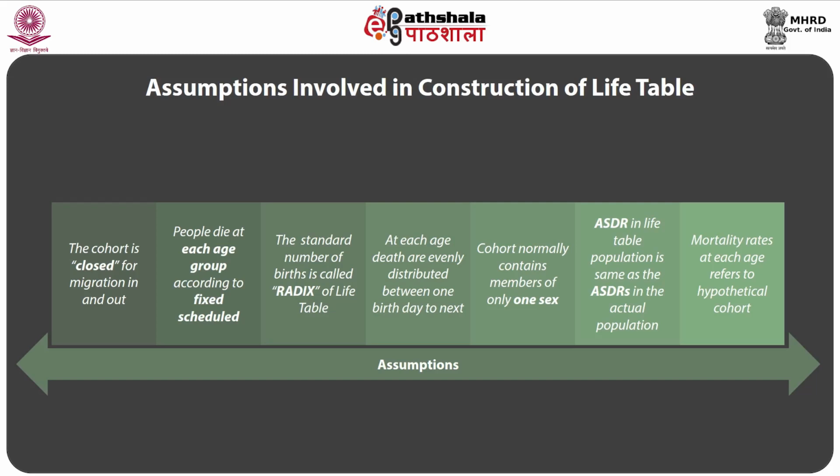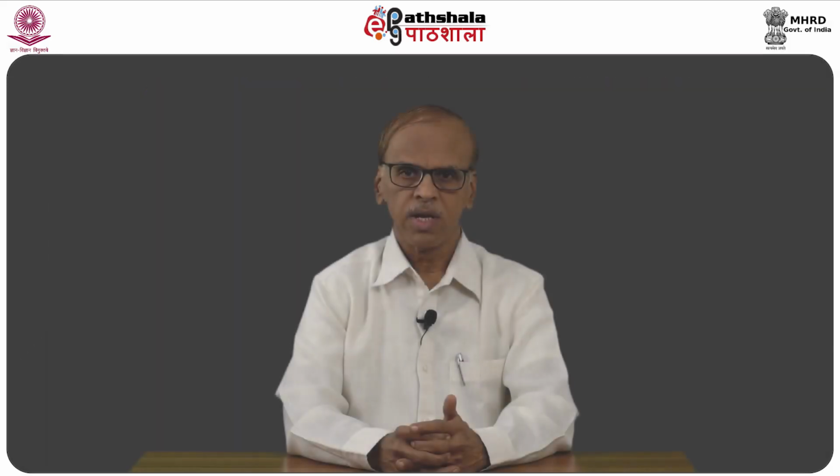However, life tables can also be constructed combined for both. Age-specific death rates in the life table population are the same as age-specific death rates of the actual population during the period. Mortality rates at each age in a life table refer to a hypothetical cohort.